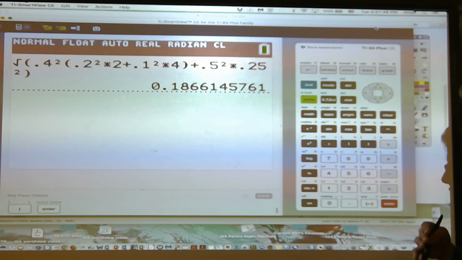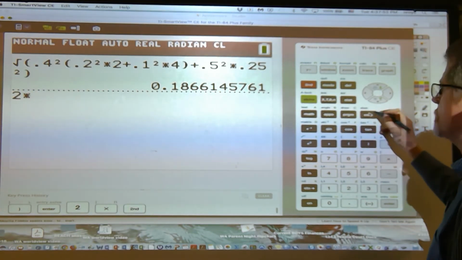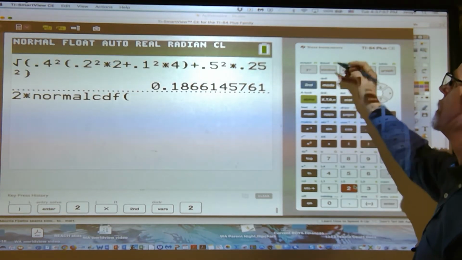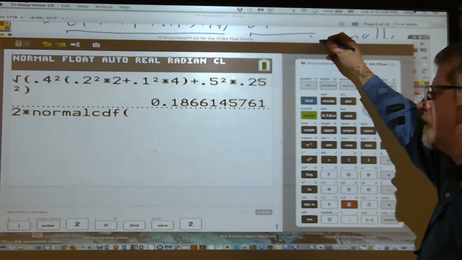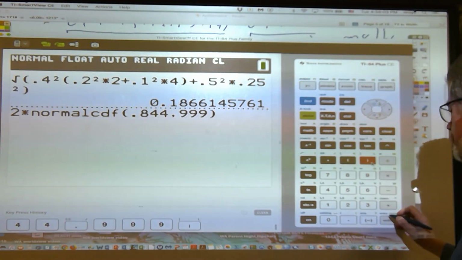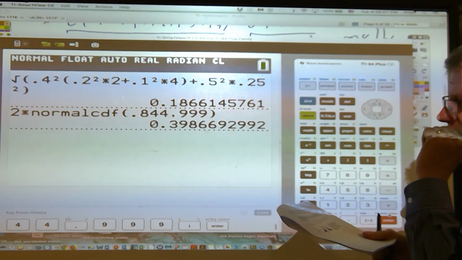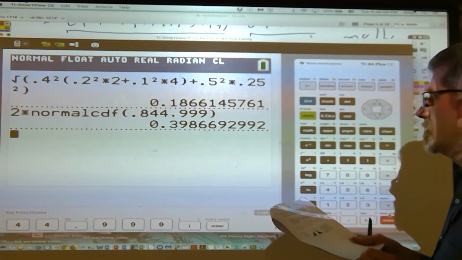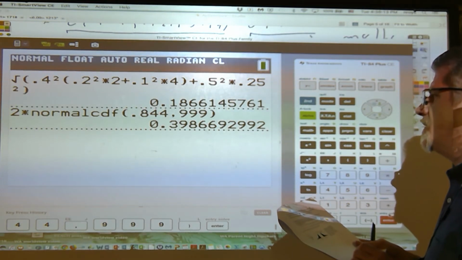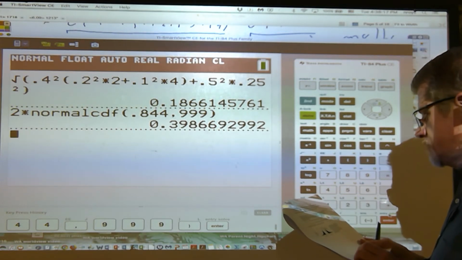Because it could be either more than a quarter pound or less than a quarter pound, we're going to have to take 2 times the normal CDF of this z-score, which is 0.844, comma 999. So the probability is actually pretty high. I'm getting 0.3987.